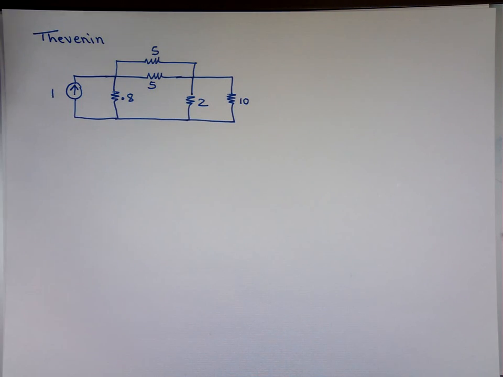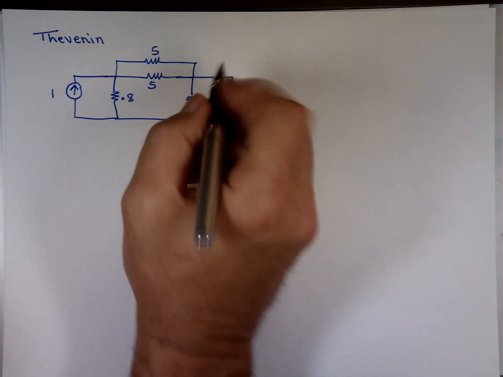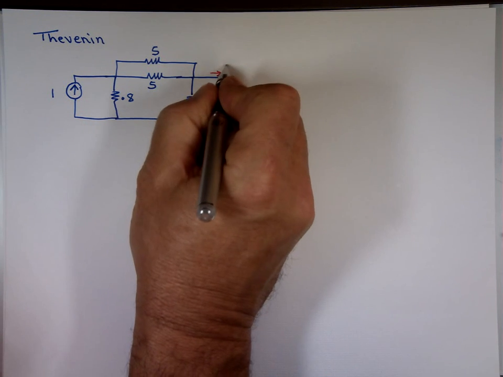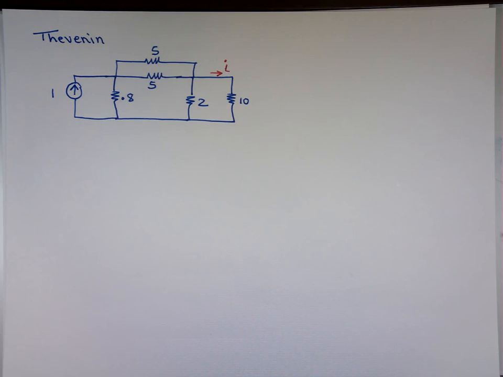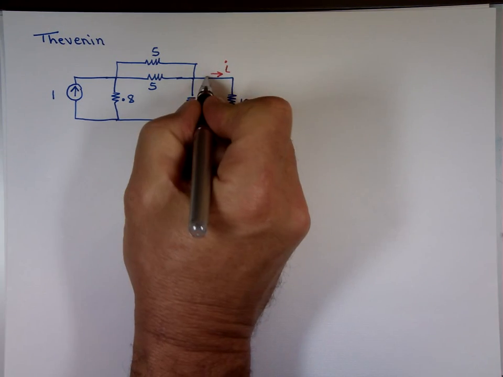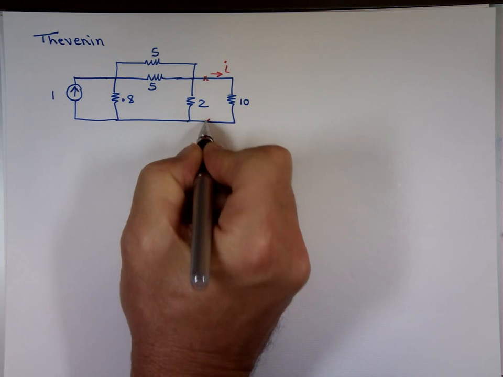And let's say the current here, we're asking, what is that current? I. What Thevenin said is we can take this circuit, cut it right there, where you see the X's.